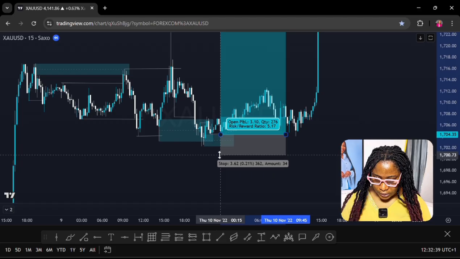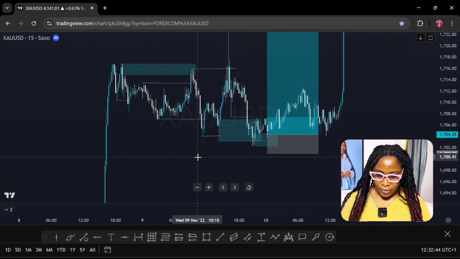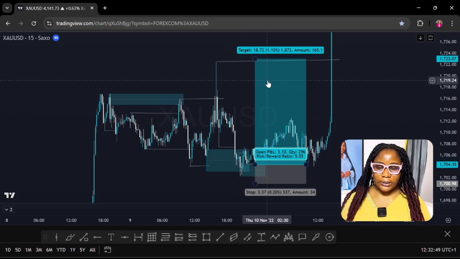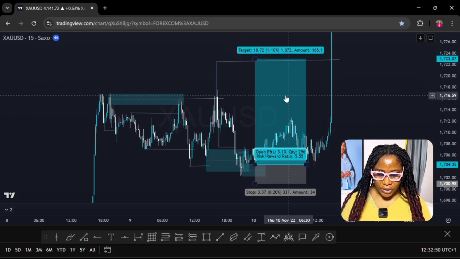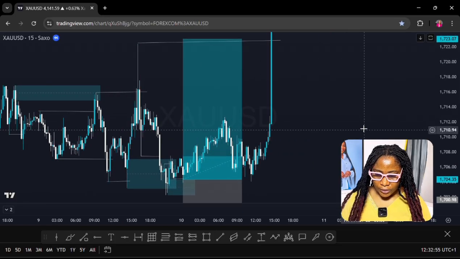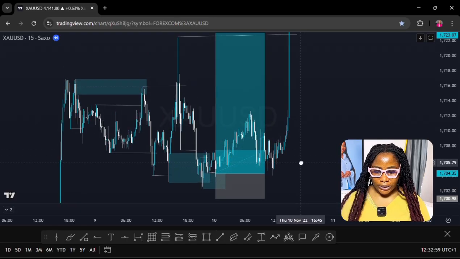Let me use here. Always give your SL room to breathe because of manipulations, spread, and the rest. So we would have caught this trade, using the range within a range.